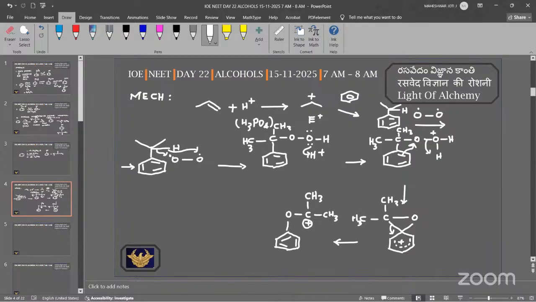Now in the next step, see water is one of the byproducts here. This water molecule, or reaction medium water molecule, interacts with the carbocation. So OH, H. Oxygen donates one of its two lone pairs to this carbocation carbon.